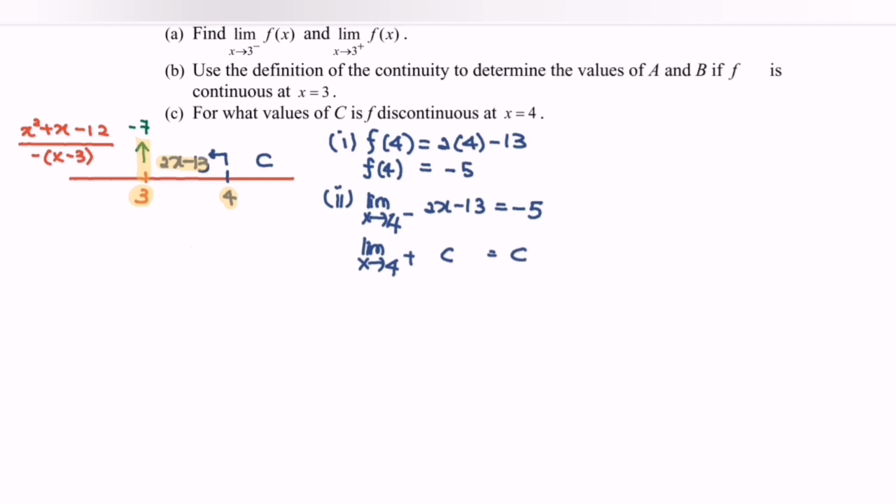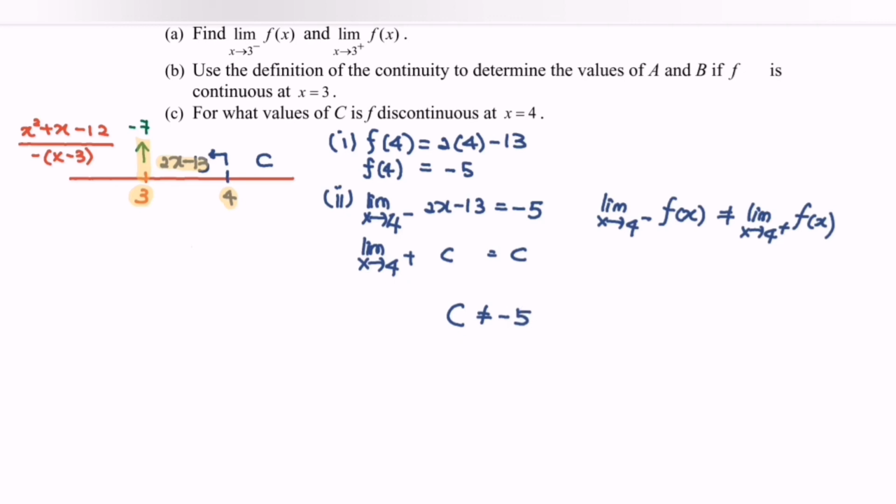In order to make f discontinuous at x equal to 4, condition number 2 must not hold. This means the limit when x approaches 4 from the left of f(x) is not equal to the limit when x approaches 4 from the right of f(x). So from here, the value of c cannot be equal to negative 5.